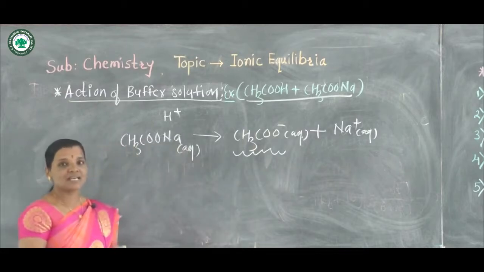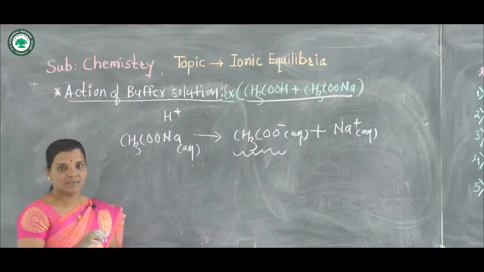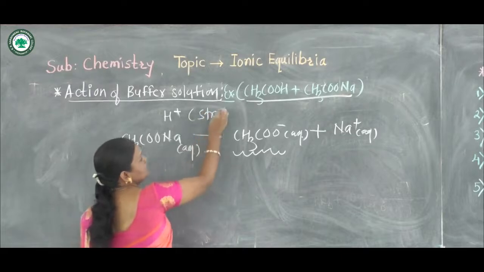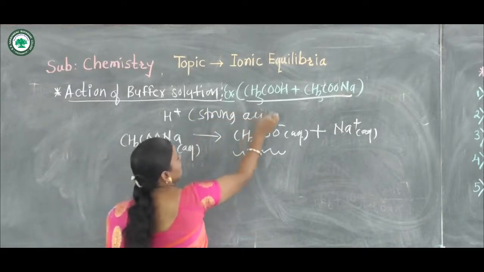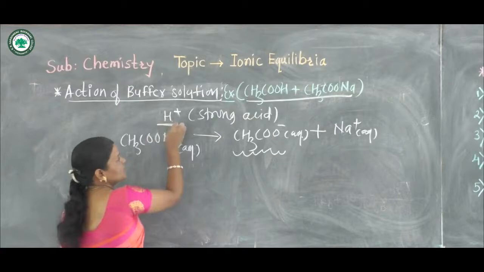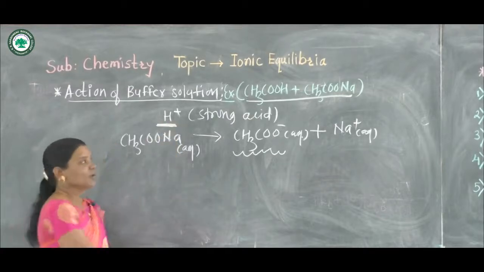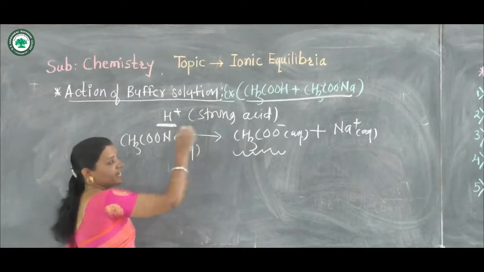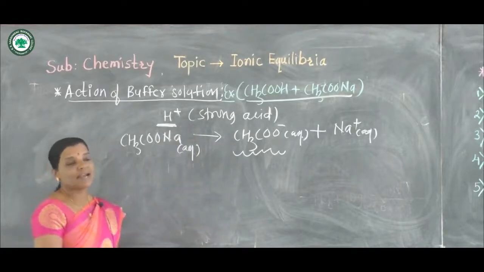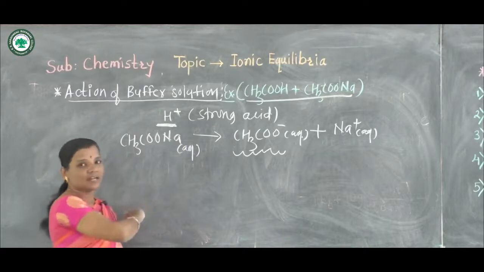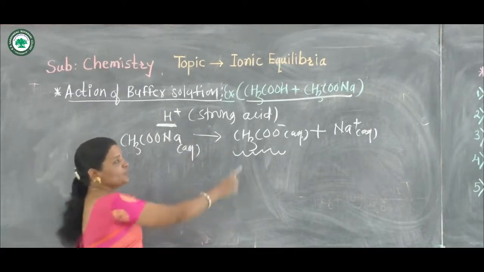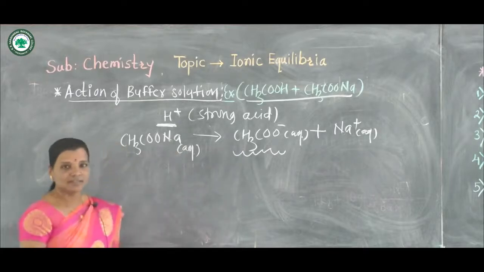This excess of acetate ion acts as conjugate base. That means by the addition of strong acid, whatever H plus ions are there from this strong acid combine with this acetate ion, or we can say this excess of H plus ion by the addition of strong acid is consumed by this acetate ion.